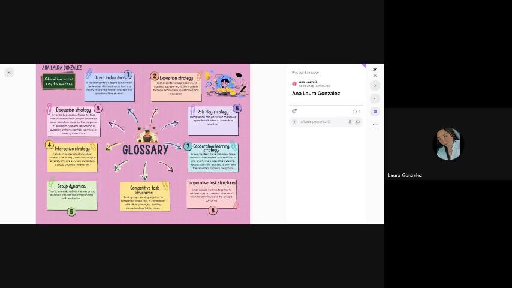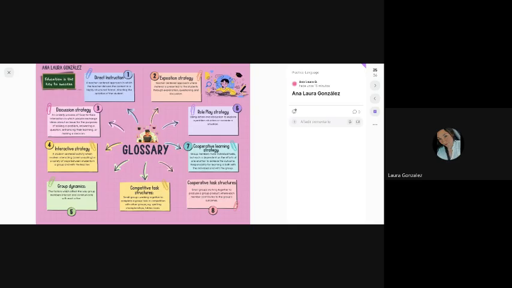The number four is interactive strategy, a student-centered activity which involves interacting and communicating in a variety of ways between students in a group and with the teacher. The number five is group dynamics, the factors which affect the way group members interact and communicate with each other.